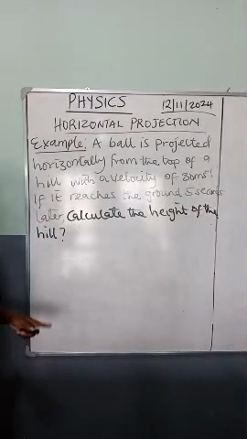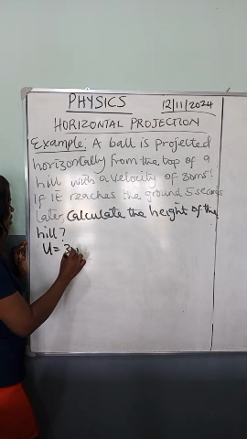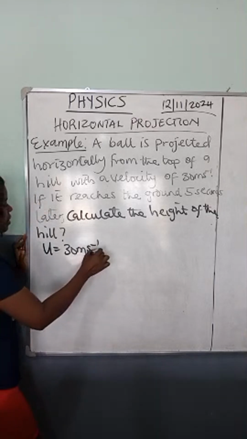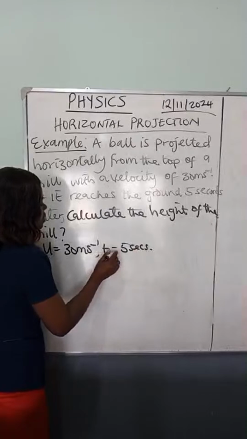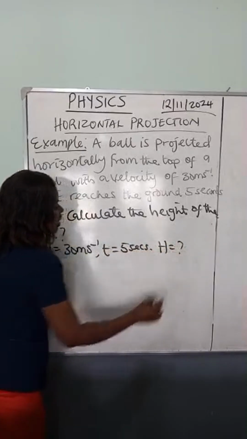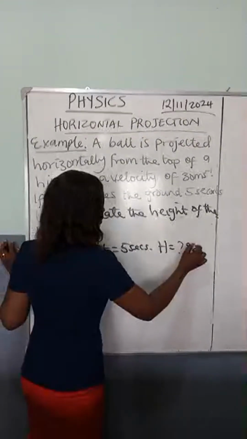We are given the velocity u to be 30 meters per second, and the time, which is 5 seconds. What are we looking for? Height. G should be constant, right?